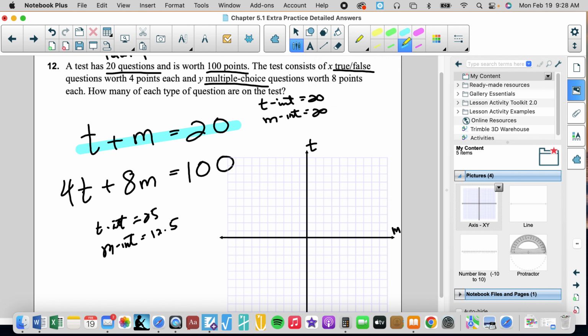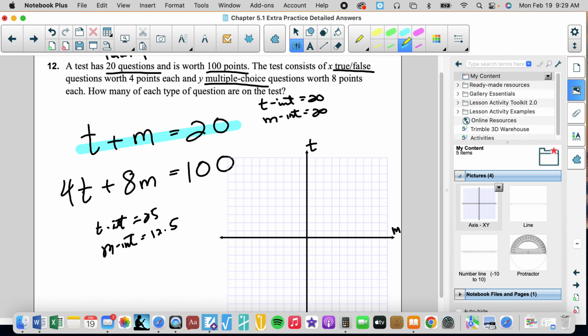So my T-intercept is 20. My largest number is 25. So I don't want to go by 5s. I don't want to go by 3s. So 4s? Yes, let's go by 4s. All right, here we go.